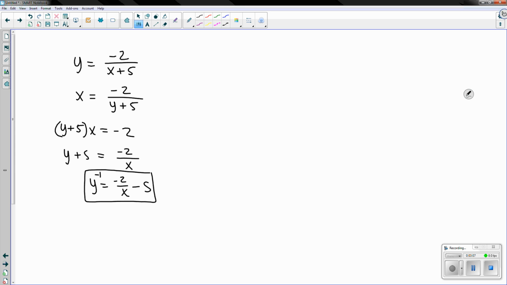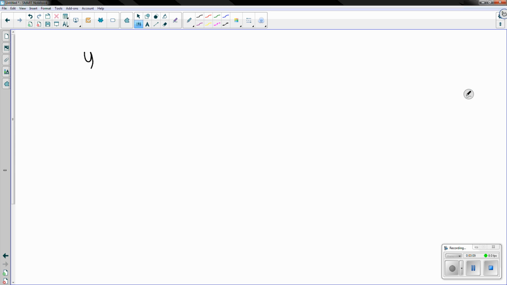Another example. Swap. We solve for y. So a couple approaches here that could potentially happen.